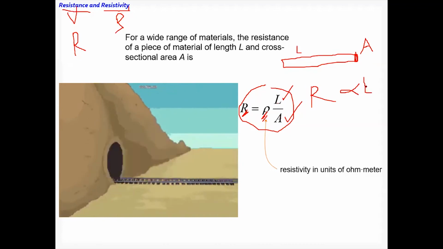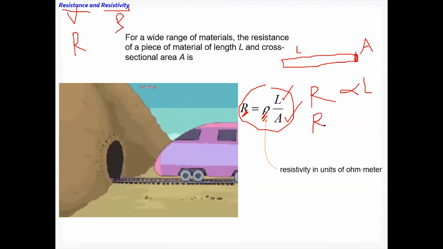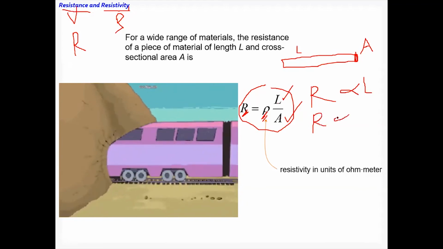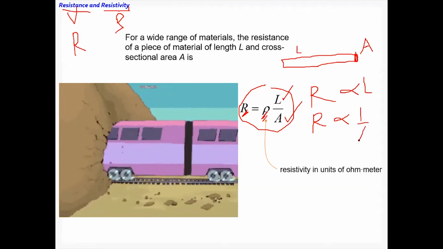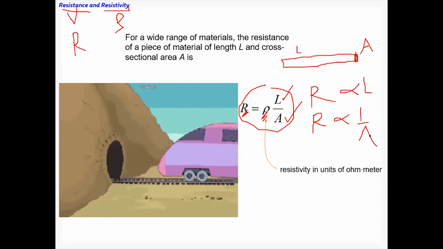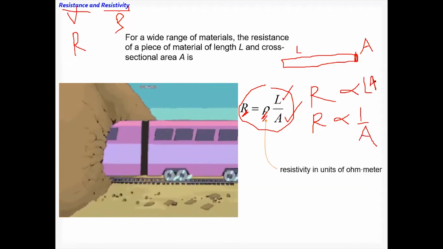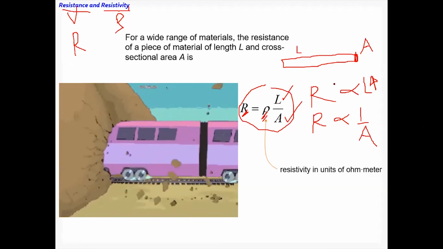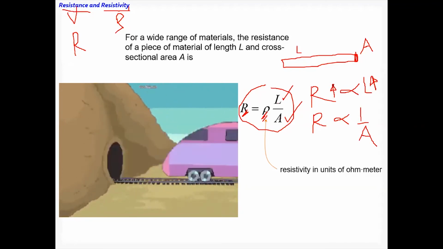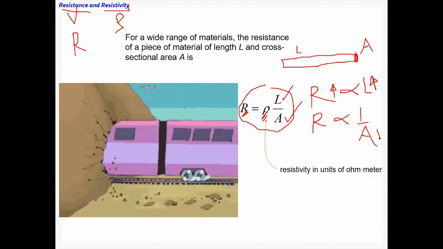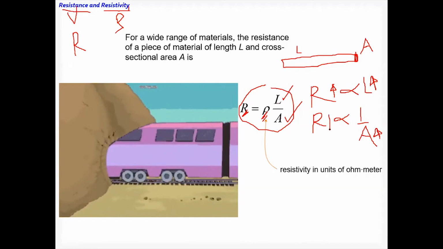R is proportional to L. And R is inversely proportional, meaning indirectly related, to A. So what is the meaning of these two relations? When L increases, then resistance increases. That's the meaning. How about here? If A increases, then resistance decreases.